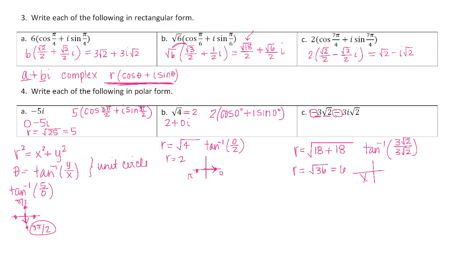And so over here, that's going to be 5 pi over 4. So now we're ready to fill in all of our values. My radius again was 6. So I'm going to have 6 times cosine of 5 pi over 4 plus i sine 5 pi over 4. And that's going to be it for those.